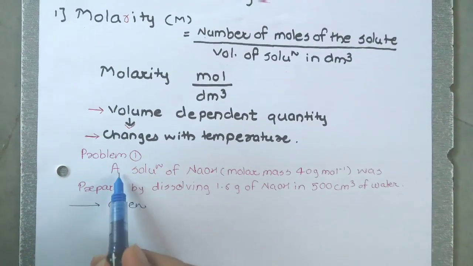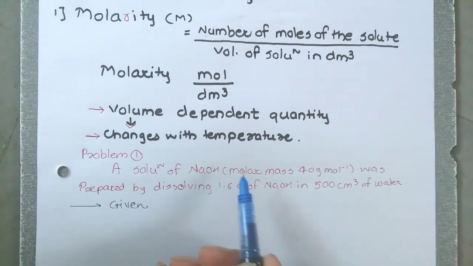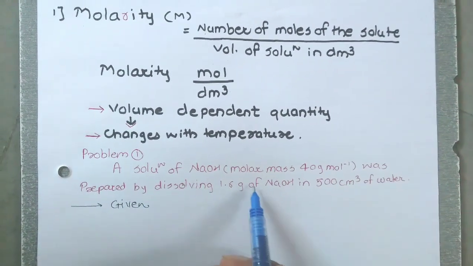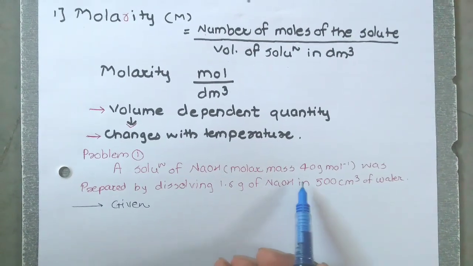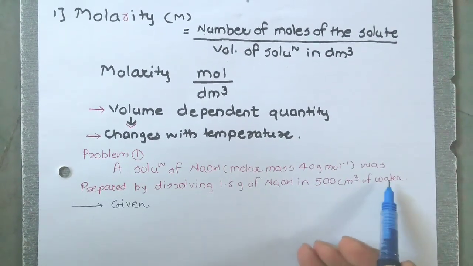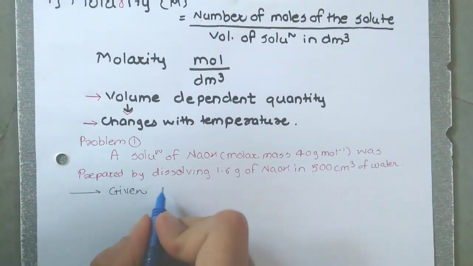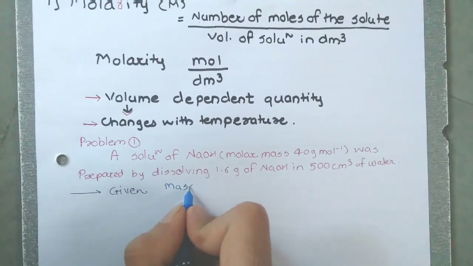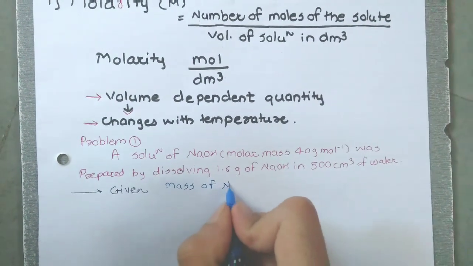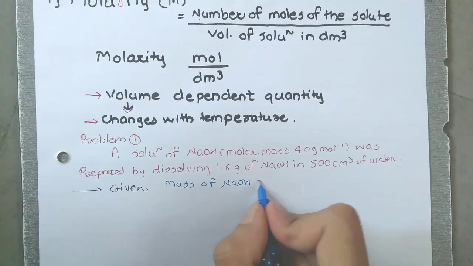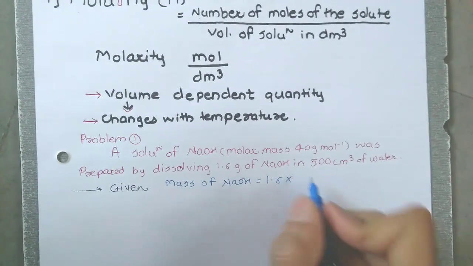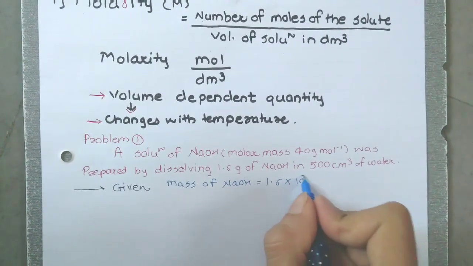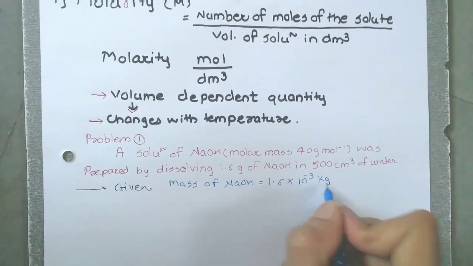So the problem is: a solution of NaOH, molar mass is given, was prepared by dissolving 1.6 gram of NaOH in 500 cm cube of water. So basically we have to write the given. Mass of NaOH is equal to 1.6 into 10 raised to -3 kg, as it is given in gram and we have to convert it into kg.